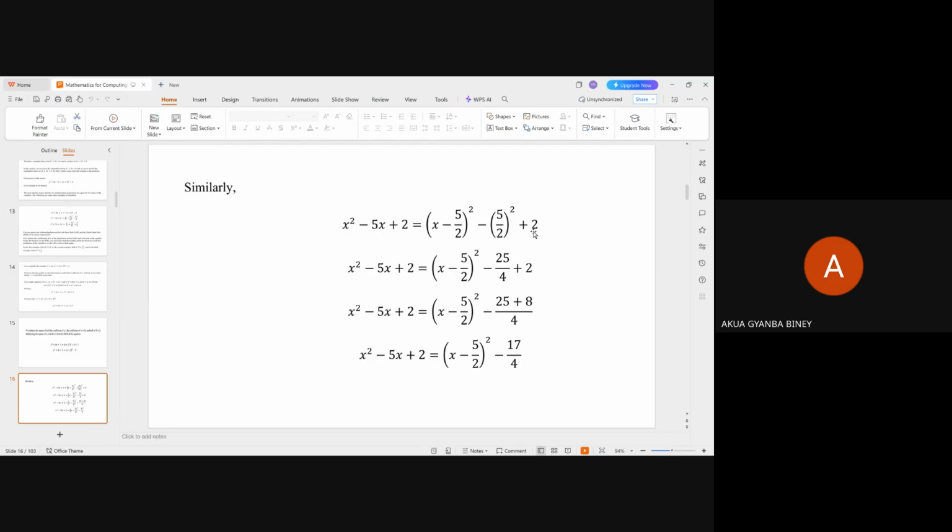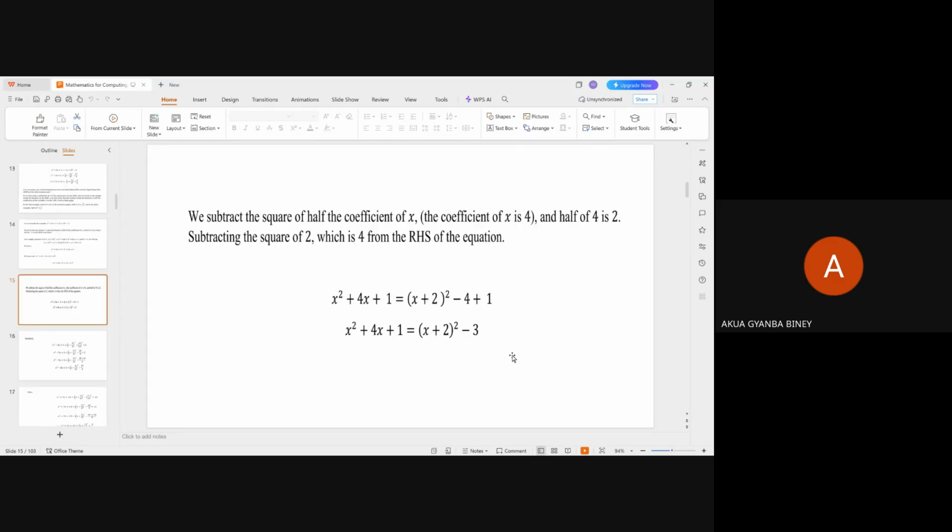That is your plus 2. So this whole side is what you simplify. It gets 25 over 4 plus 2. If you simplify this downwards, you will get 17 over 4. And that is how we get those constants. Let me go back.